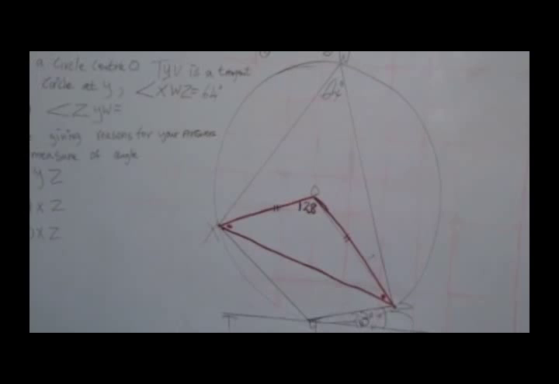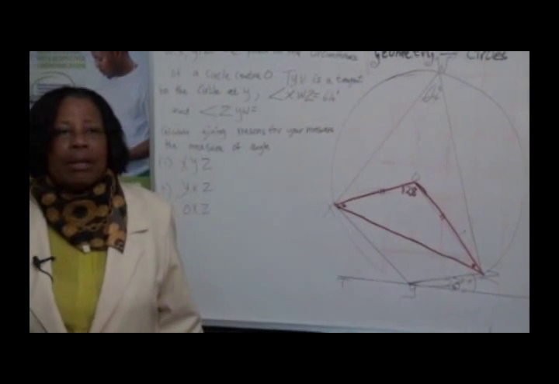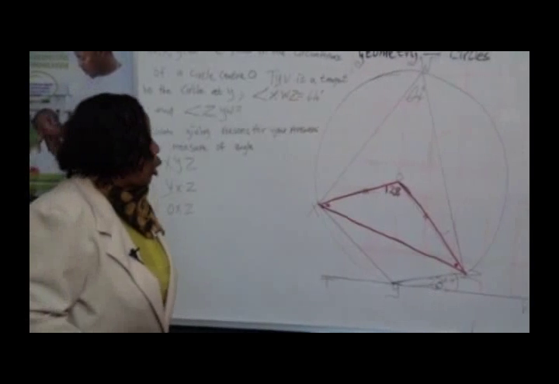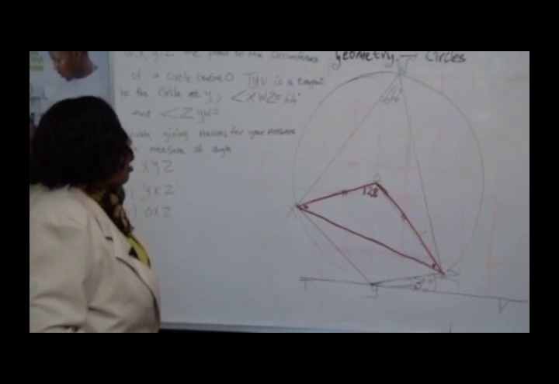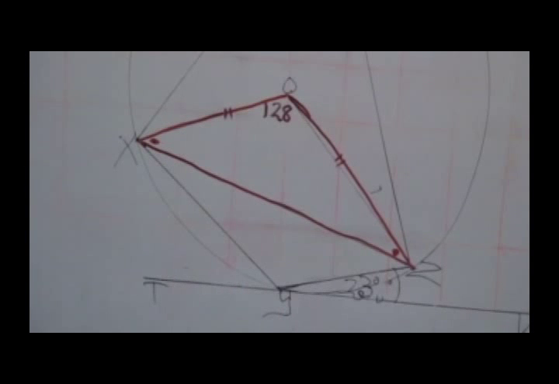Okay? And if we know it's a triangle and we have 2 equal angles here, if this is 128, what do we know about the sum of the angles for any triangle? The 3 of them add up to 180 degrees. So how are we going to get the angles at X and Z? Well, I would minus 128 from 180, and that would be 52.